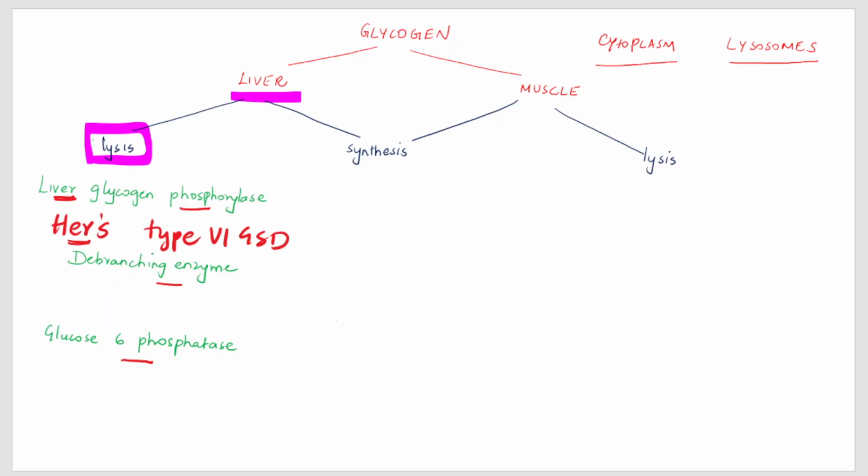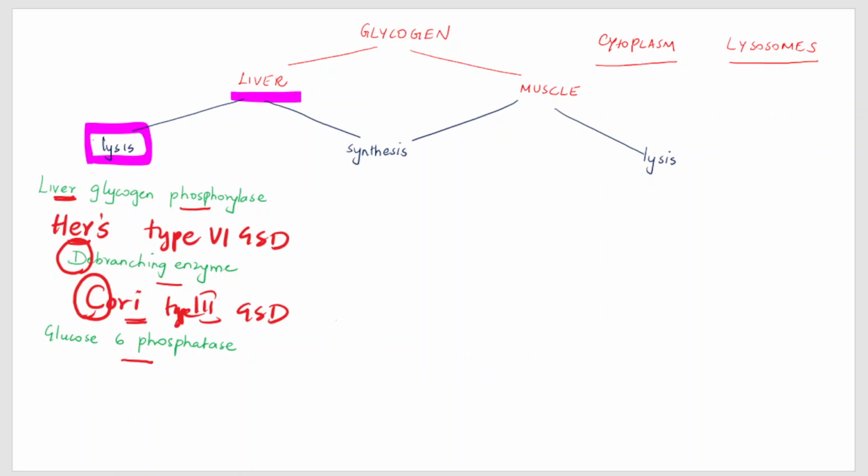And debranching enzyme, there is D. So the disease which is caused due to the deficiency of debranching enzyme will be Cori's disease. CD, right? Cori's disease, and Cori rhymes with 3, so it is type 3 glycogen storage disease.